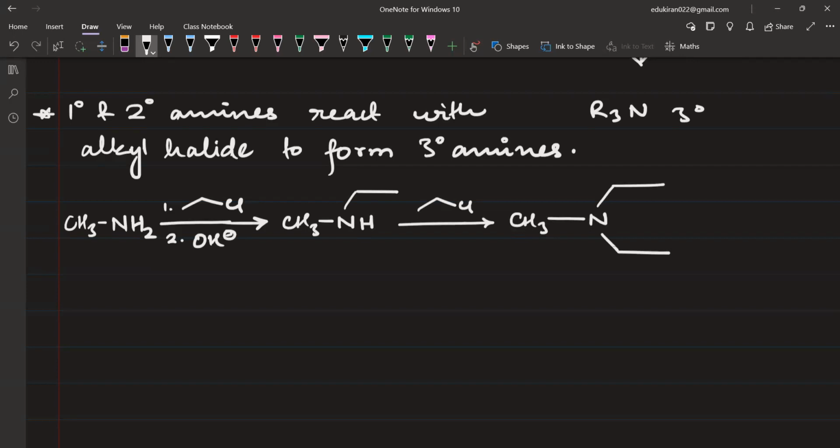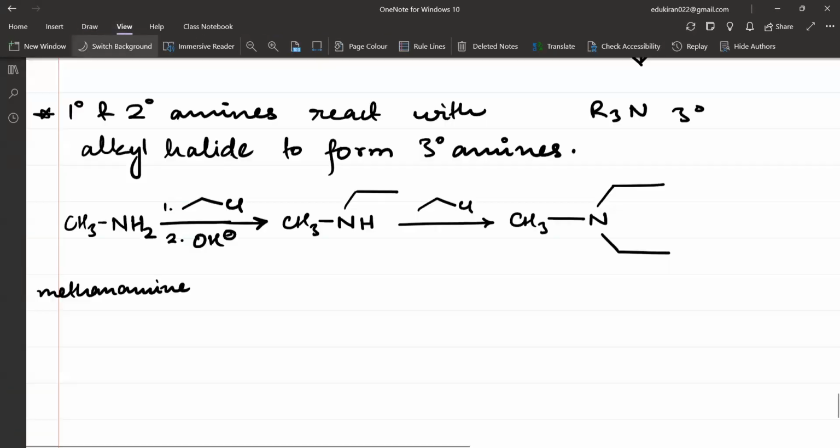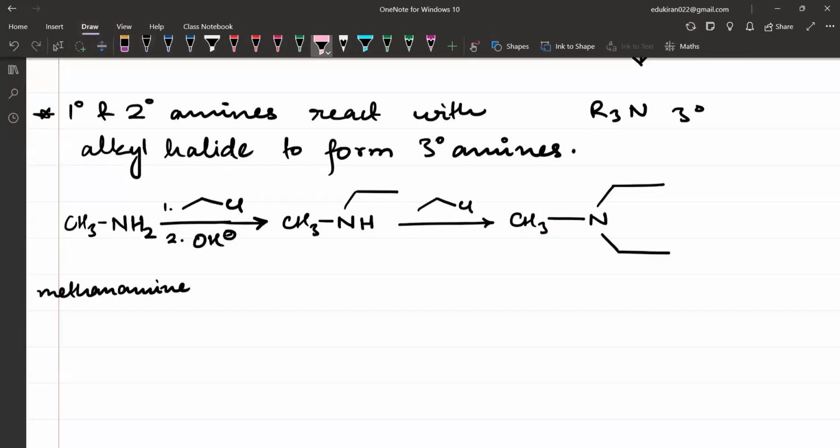The important thing is the naming of this type of molecules. ठीक है, तो ये तो आपके पास क्या है? This is methanamine. ठीक है, but when you are going to name the second compound, please see. The parent carbon chain, you can easily see that it is going to be these 2 carbon atoms, because that is the longest chain, and our functional group is going to be amine, because nitrogen है आपके पास, NH है.